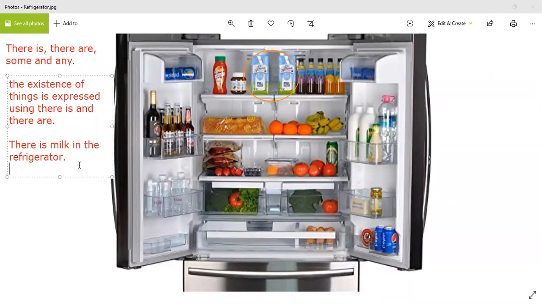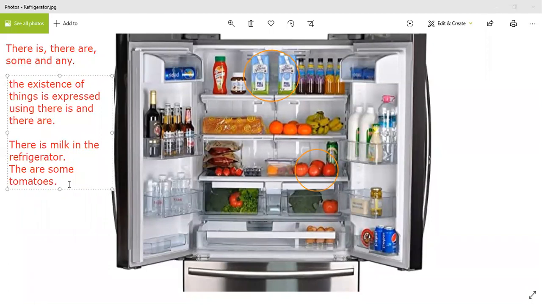What else do we have? There are some tomatoes. Do you see the tomatoes? The tomatoes are right here. These are the tomatoes. So I can use a different color. This looks better. You can see it there. Okay.